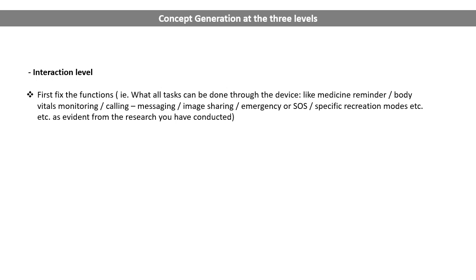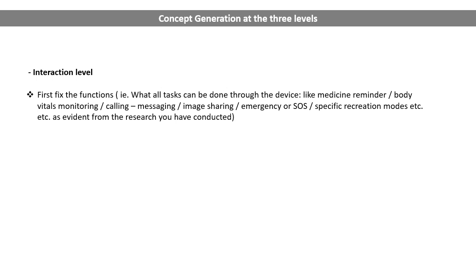You have to fix the set of functions based on the research which you have conducted. You have already done your primary research, where you shadowed or interviewed some persons and figured out what functions people require assistance with.